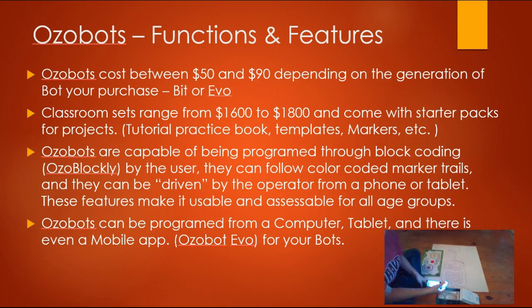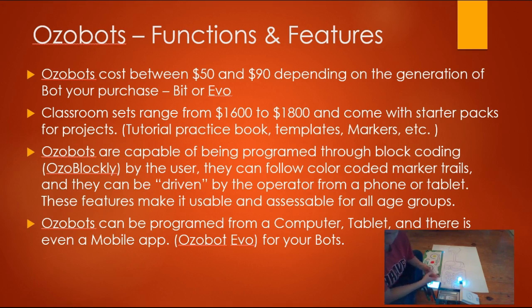The Ozobots follow lines as well. They're capable of being programmed by the user through block coding in Ozoblockly, which I'll show you later. And they can follow color-coded marker trails as well, for kids that are a little bit younger. And they can even be driven by the operator from a phone or a tablet. They make it usable and accessible for all different age groups.